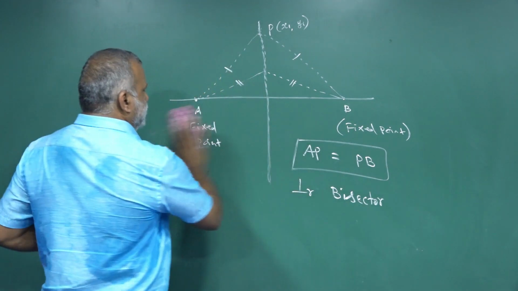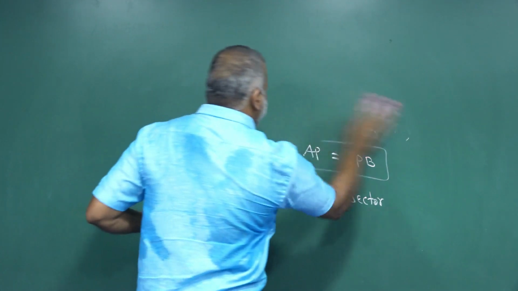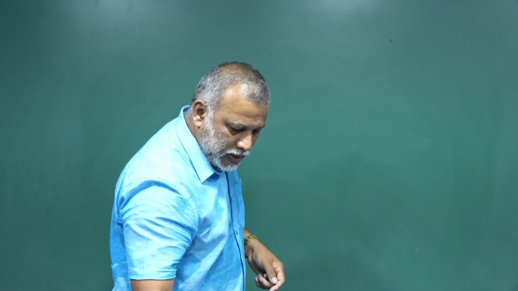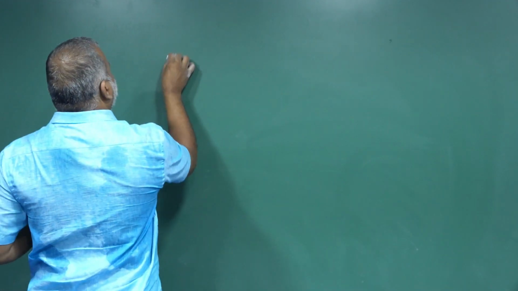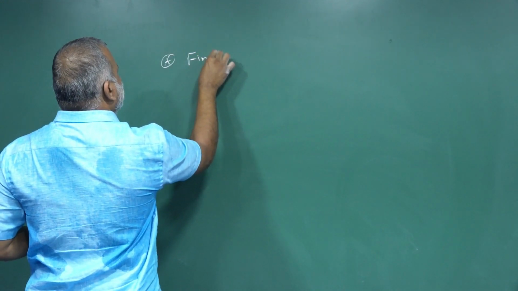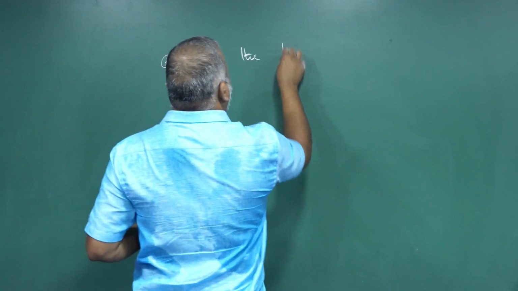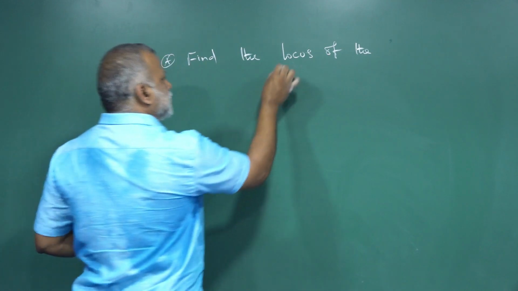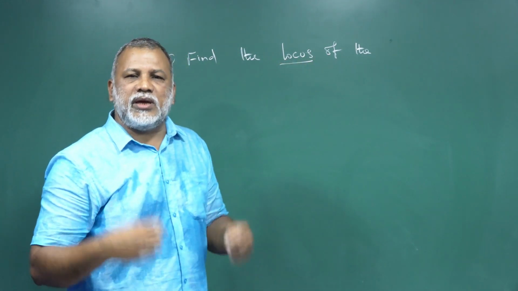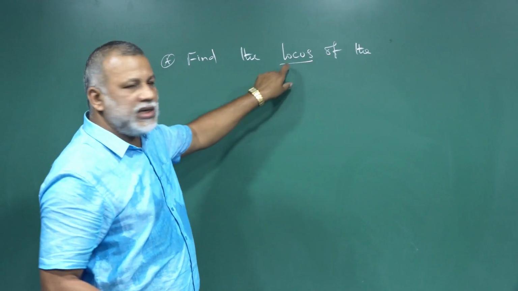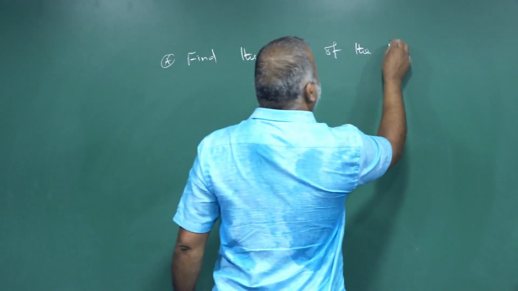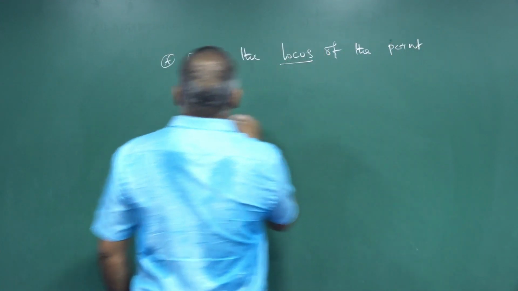See, sum number 1. I am writing the question and explaining. You are able to do the calculations, and then we can always get the locus. Take down: find the locus of the point. Locus means the path traced by a moving point.